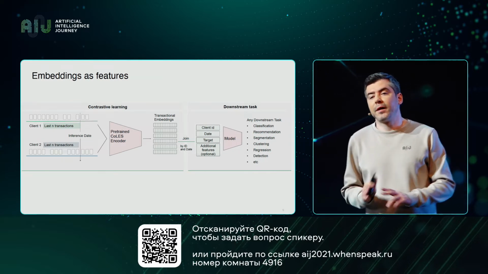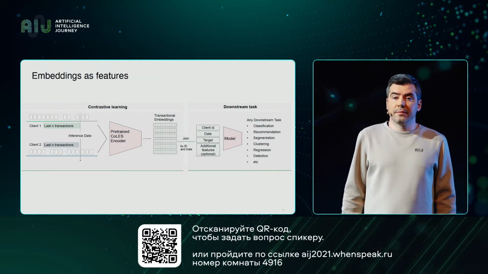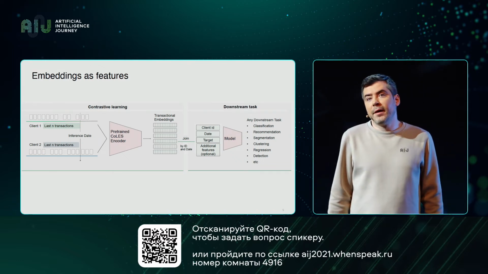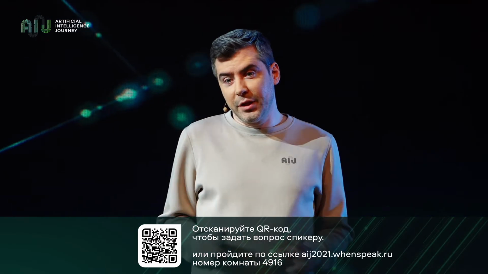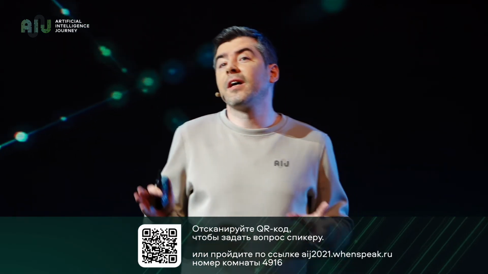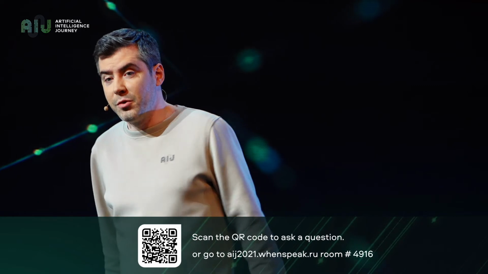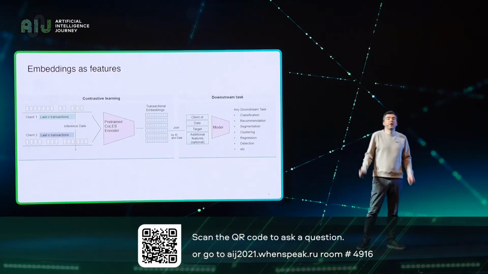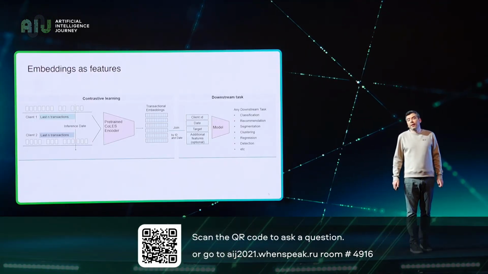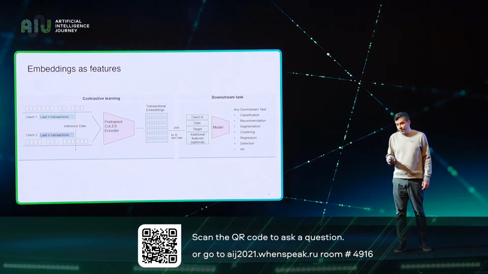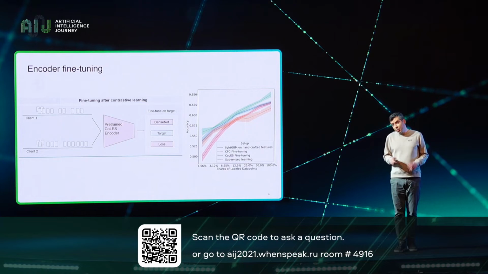If we have trained the encoder and it produces small-scale embeddings, well, at the outset, for each of the clients, we would calculate an embedding and add it as a feature for a client, as a trait, and we would train any machine learning model like gradient boosting. So our embedding would give another set of parameters describing the sequence of events.